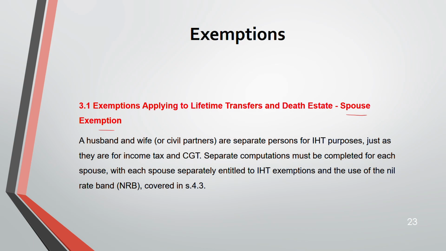But when you're making the computation, separate computations have to be made for each spouse, with each spouse separately entitled to their IHT exemptions. Both spouses might have their own exemptions that you have to show. And also the use of the NRB, nil rate band. This will be covered in section 4.3, the nil rate band.